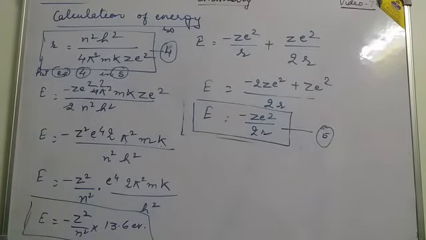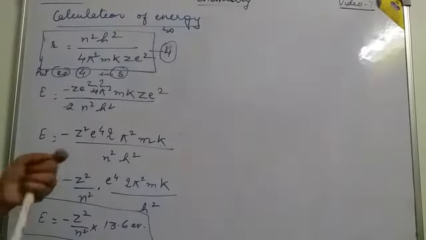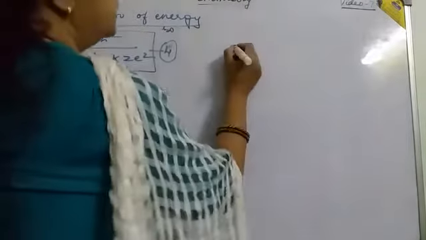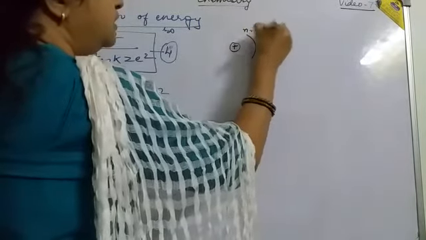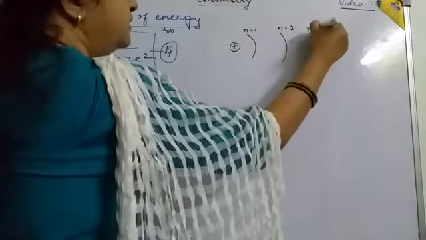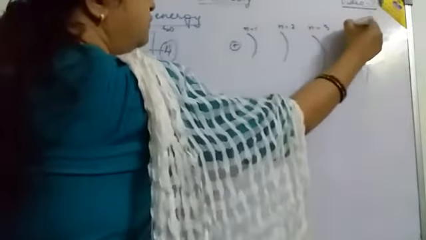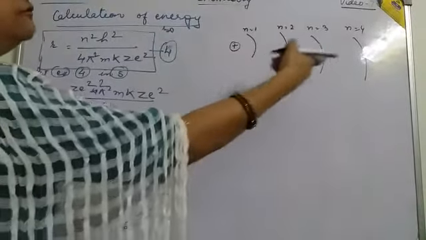What happens if the shell is 1, 2 and 3? If you consider this electronic system, n equal to 1, n equal to 2, n equal to 3, n equal to 4, then n is the number of the shell, and we get the energy of electrons in different shells.